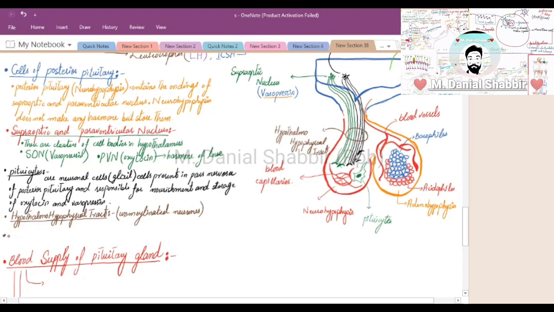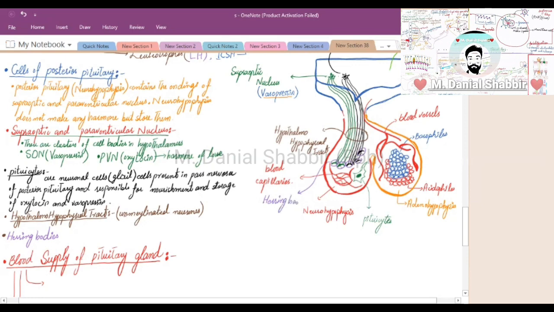Now come towards another point, that is Herring bodies. What are these? Listen and remember: the nerve terminals, the ending portion of these neurons of the hypothalamo-hypophyseal tract, this one, this one, and this one, these are Herring bodies.